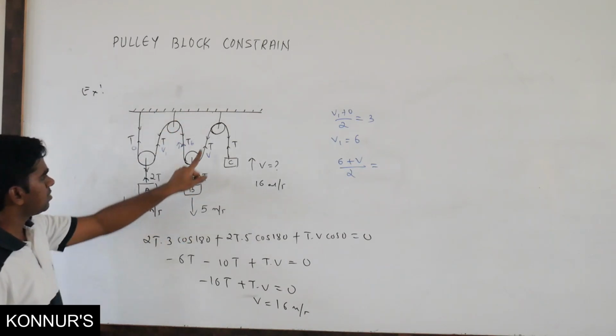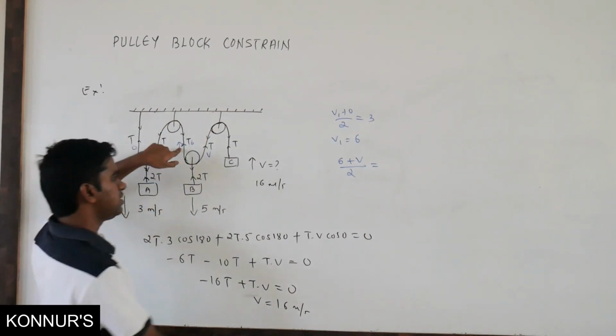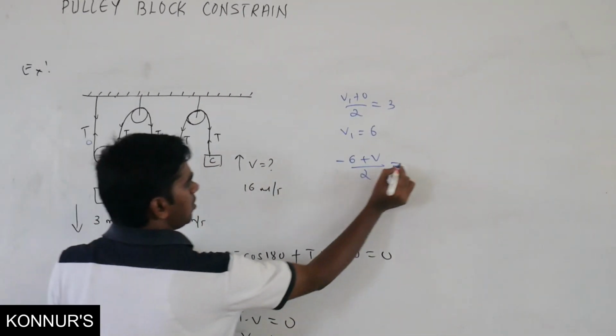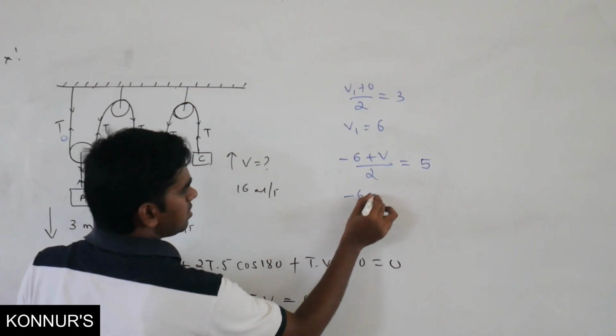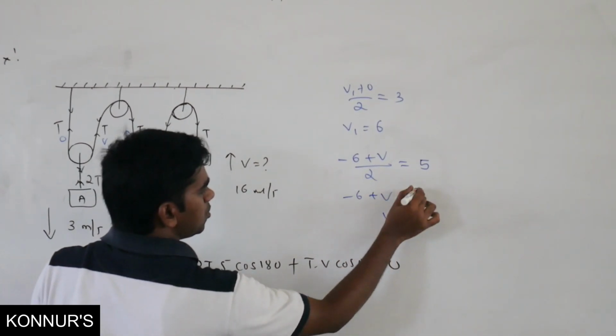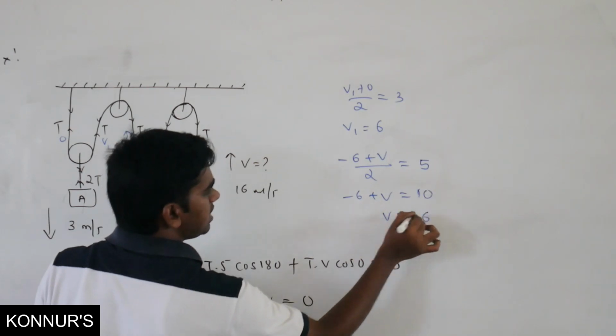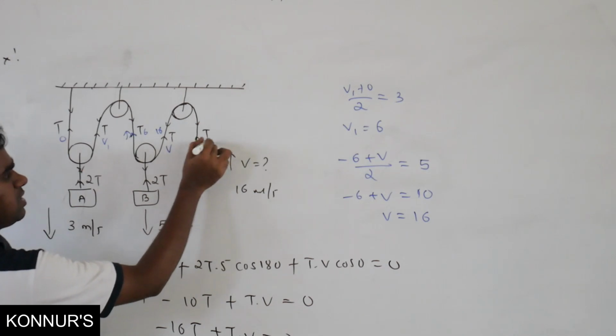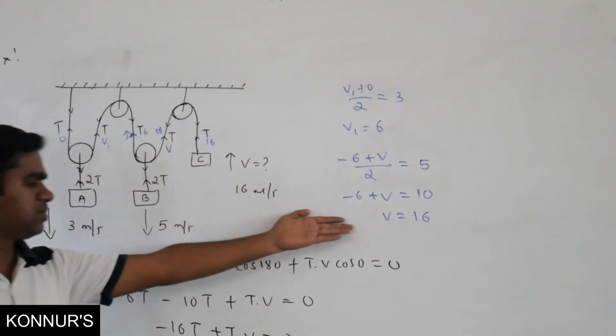This one also I will take downward. This is upward, so (-6 plus v)/2 equals 5, that pulley's velocity. So -6 plus v is 10, so v equals 16. If here it is 16, here also it is 16 only.